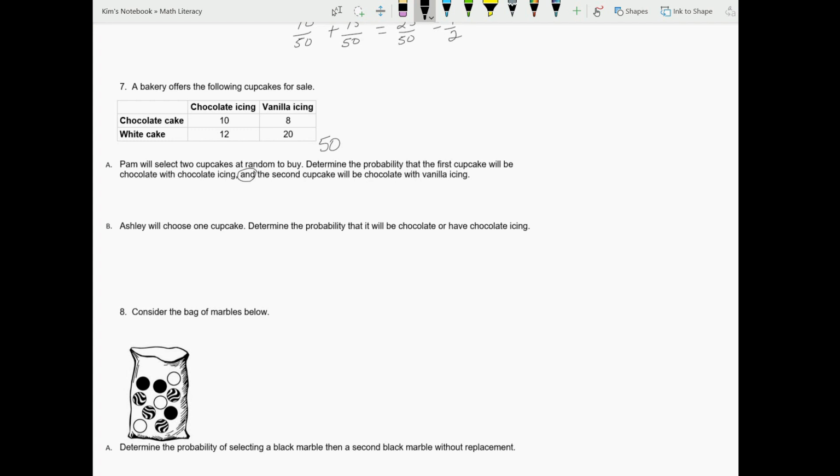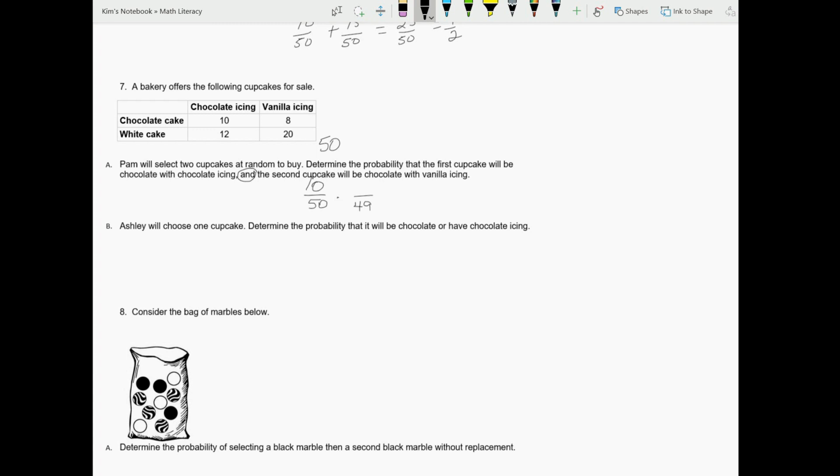We have to figure out, is it dependent or independent? Am I replacing it or not? Well, she's going to buy the 2 cupcakes. So when she picks the first one, of course she's not going to put it back. So I'm going to have a denominator of 50 for the first draw, and a denominator of 49 for the second time that Pam chooses a cupcake. I want the first one to be chocolate with chocolate icing, and that's 10.